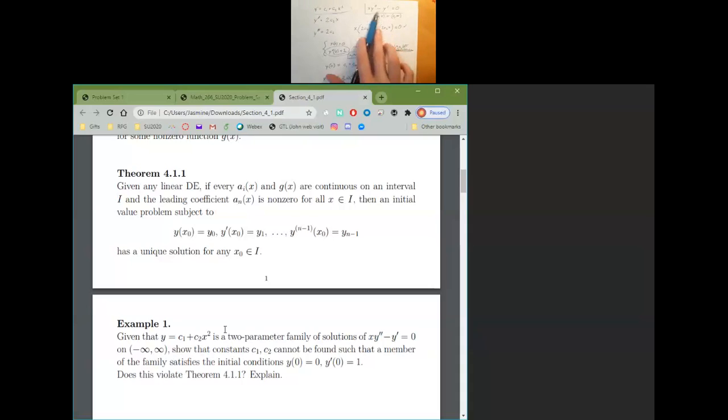So we could use negative infinity to 0. We could use 0 to infinity, but literally exactly at this point and nowhere else, this will not have a solution. If x naught had been any other number, this would have a unique solution by the theorem.